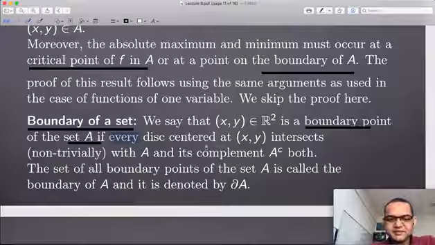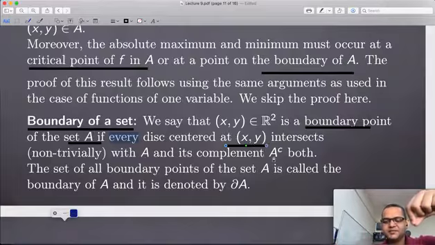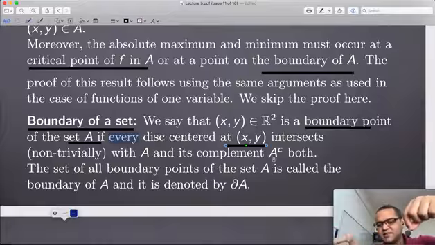We say that this point is a boundary point of the set if every disk centered at this point, no matter how small or how big a disk I take around it, intersects the set A and its complement both, okay. So this is a point such that any disk around it has some part of A and also some part of its complement. So this is the boundary, correct.